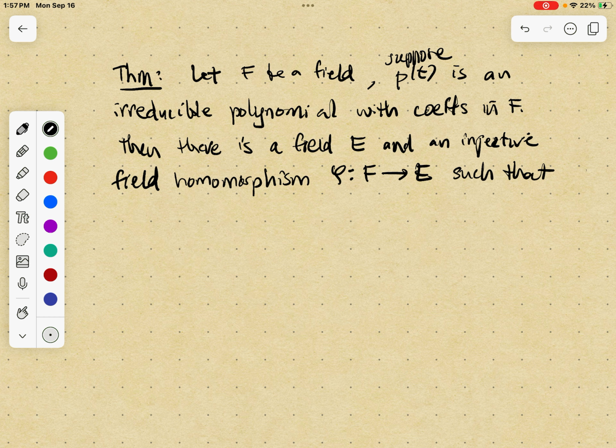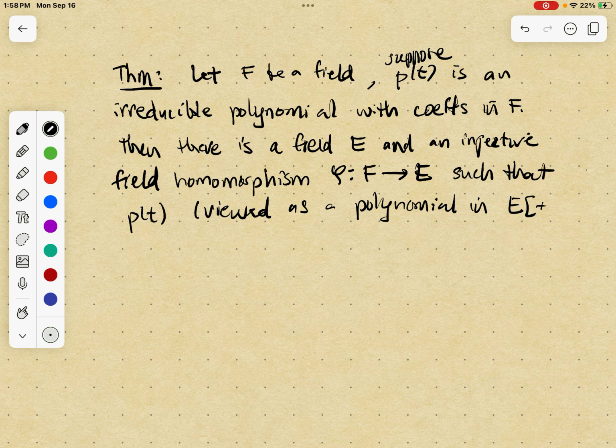So such that P of T, viewed as a polynomial in the polynomial ring of E, has a root in E.